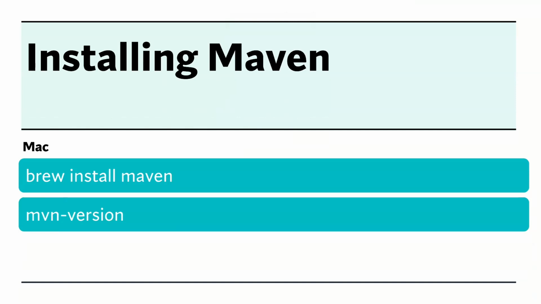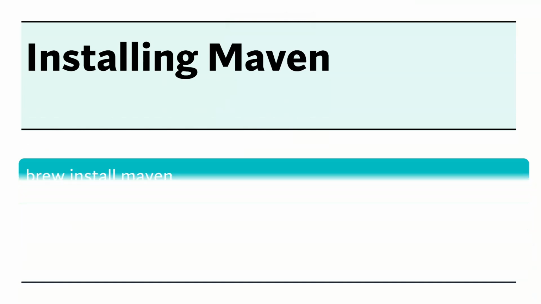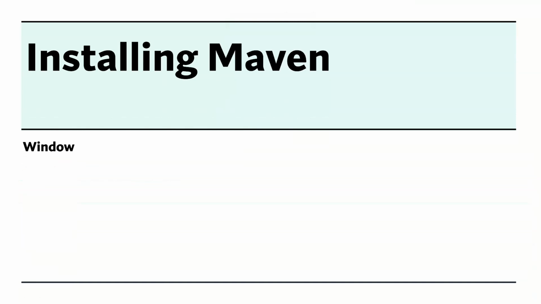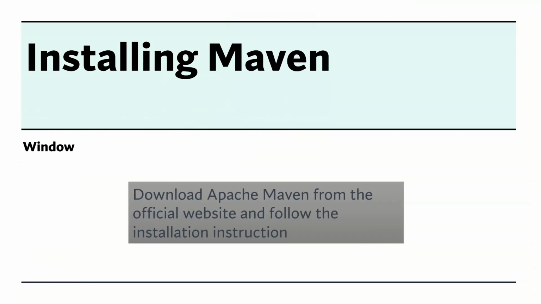To verify that Maven has been installed successfully, type mvn -version in the terminal and press Enter. This command will display Maven's version along with other information about the installation. In Windows, please download Maven from the official website and follow the installation instructions.